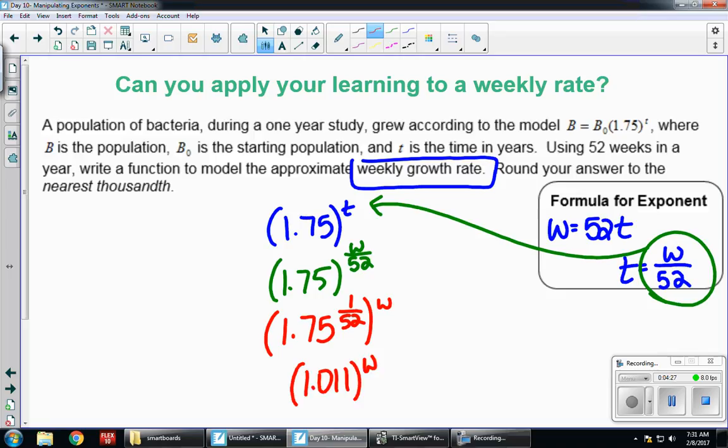And I'm going back to the question. It said write a function. So I have to put that whole equation back together. So I have b equals b sub 0, because that didn't change. And now instead of the 1.75 to the t, I have 1.011 to the w.